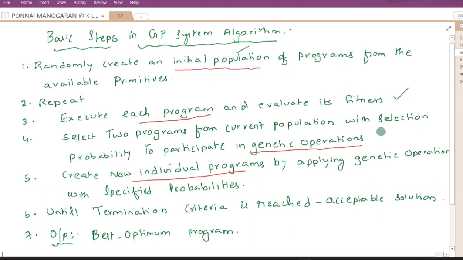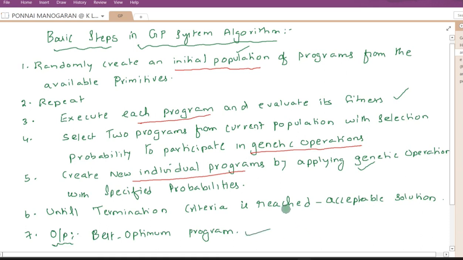And then you take randomly 2 programs based on the selection probability, and then apply the genetic operations to give our next population, the new generation. So these 3 steps are repeated until your termination criteria is reached. Once the termination criteria is reached, it is believed that you will get the optimum program.